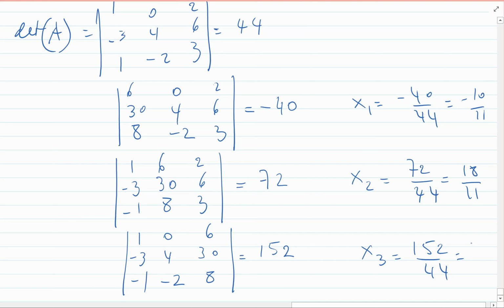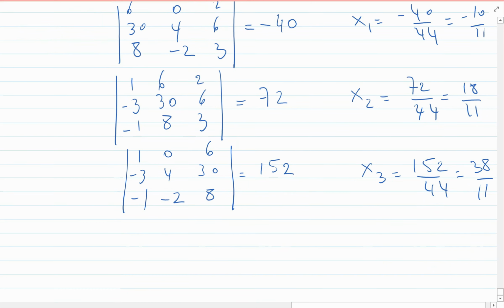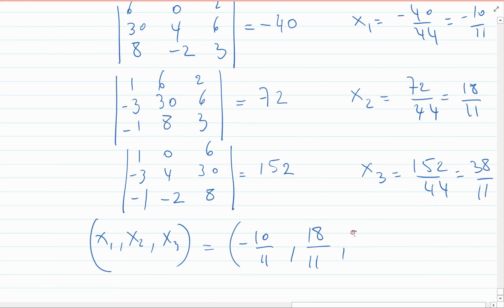If you cancel by 4, this gives you 38 over 11. So the three unknowns, x1, x2, x3, the unique solution to the system, are minus 10 over 11, 18 over 11, 38 over 11.